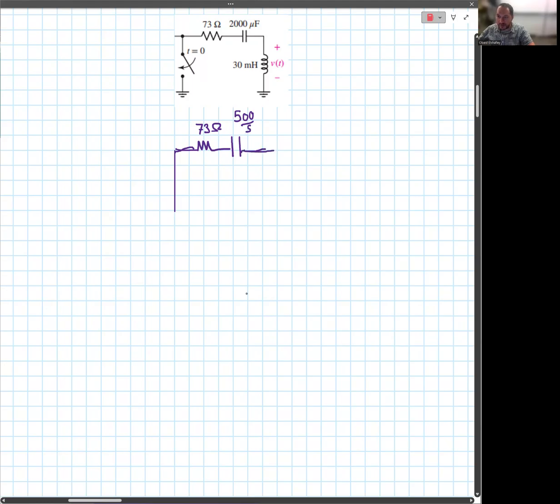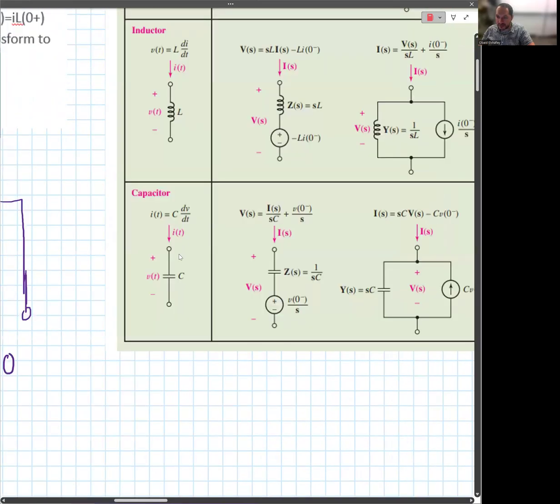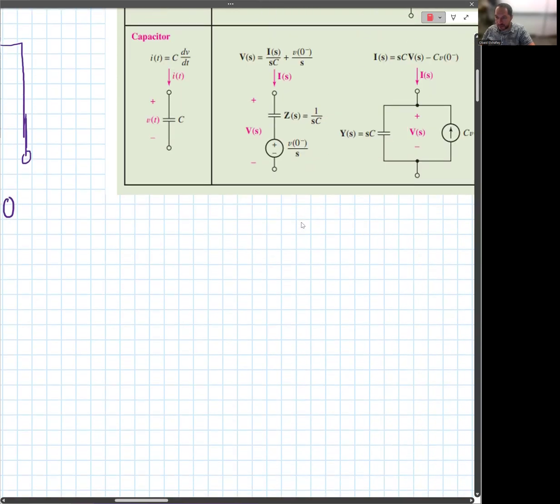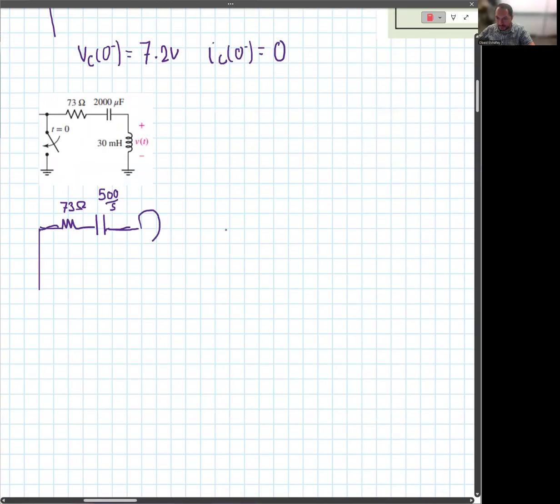And we mentioned that a capacitor has an initial condition. As you can see, the capacitor converted to S domain is a capacitance of 1 over SC with a voltage of V0 over S. So positive, negative. We mentioned our initial condition for the voltage is 7.2 over S volts.